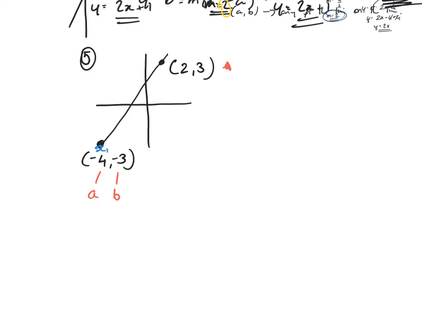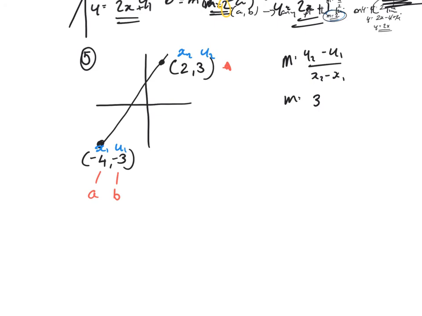So x1, y1, x2, y2. m equals y2 minus y1 over x2 minus x1. Straight substitution.